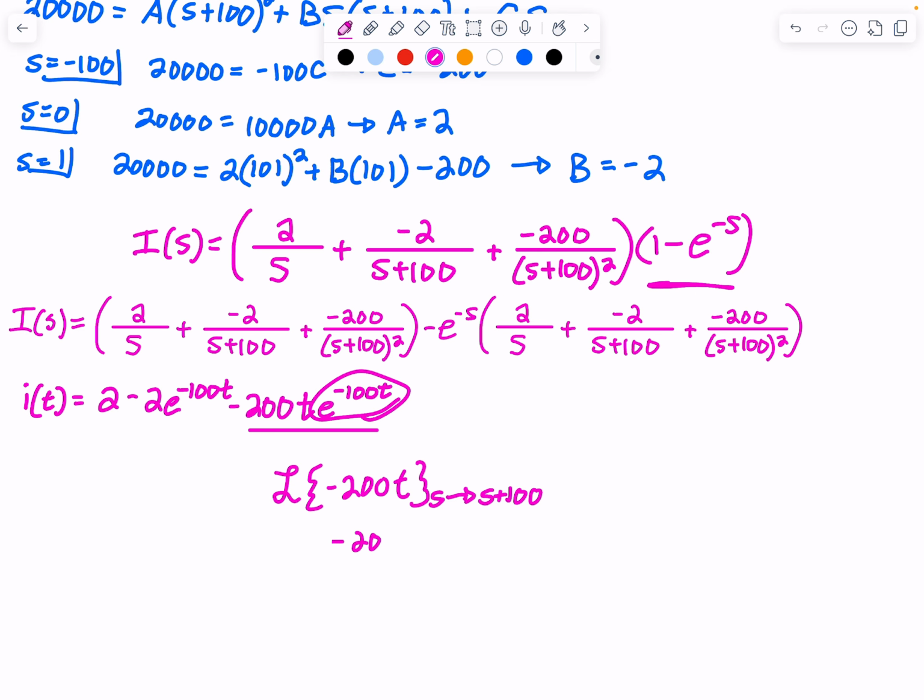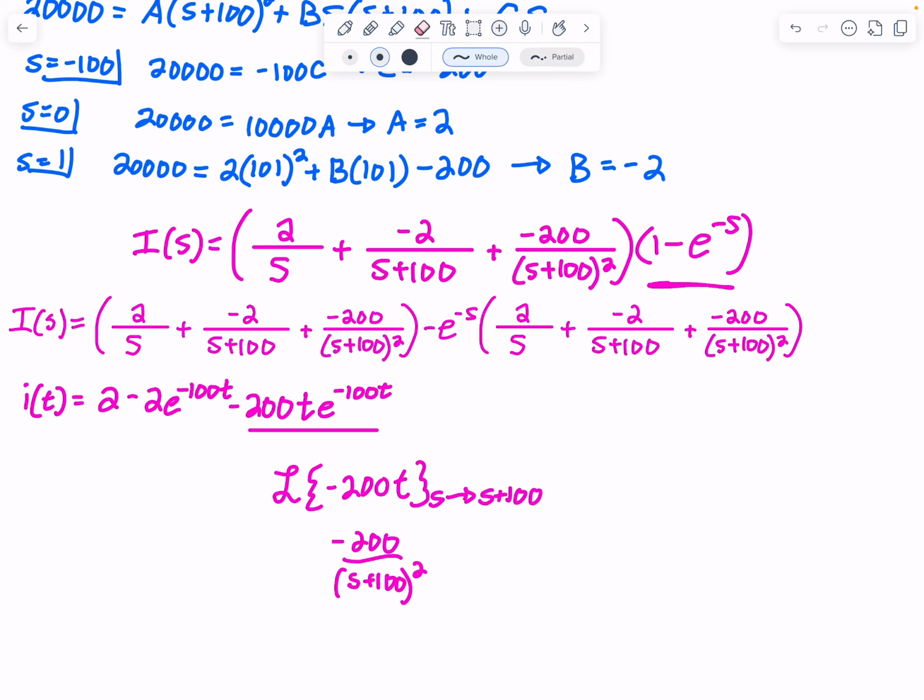This would be negative 200 over s squared normally with t, but it's going to be s plus 100 squared. I hope that makes sense. So anytime you see the s plus 100 inside of a square or something like that, that's what we're thinking. Now, what's great about this problem, I guess I could leave all that. I changed it already. It's plus 100 squared. Okay.